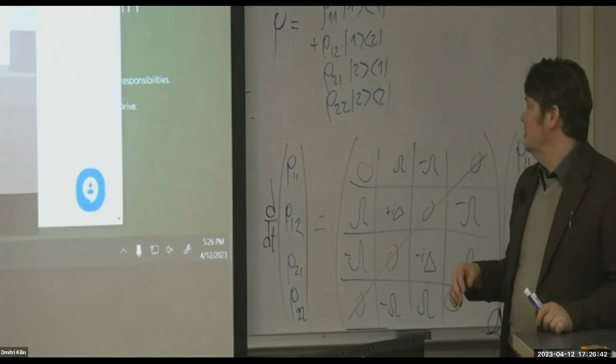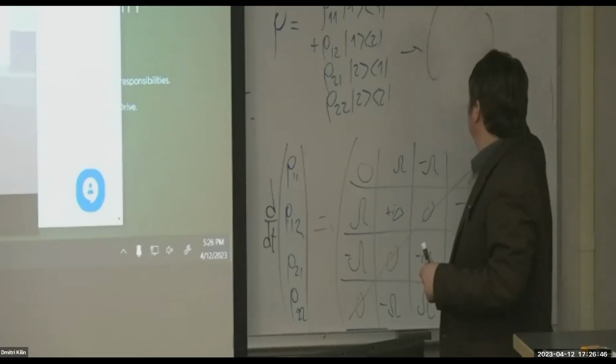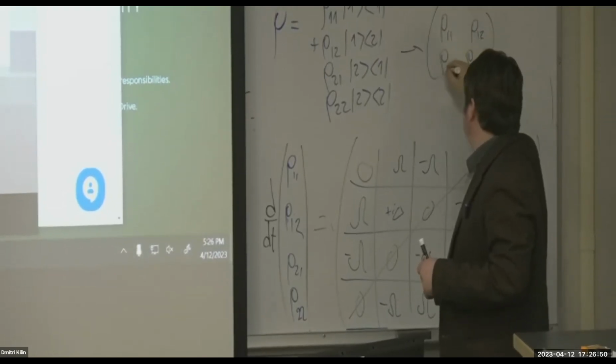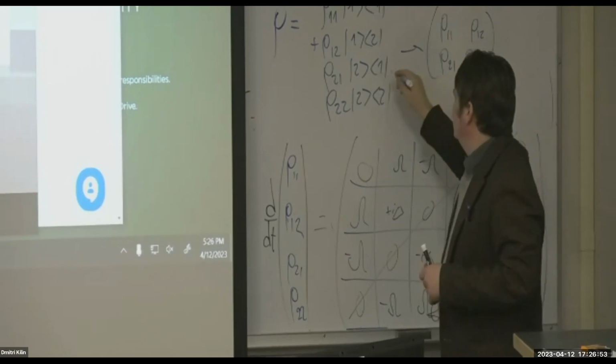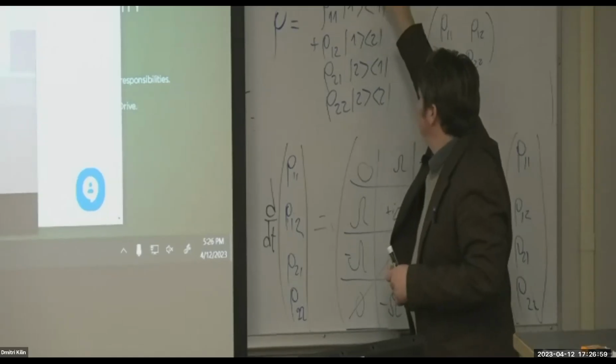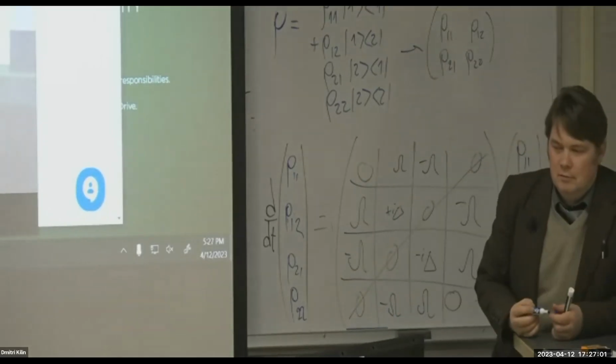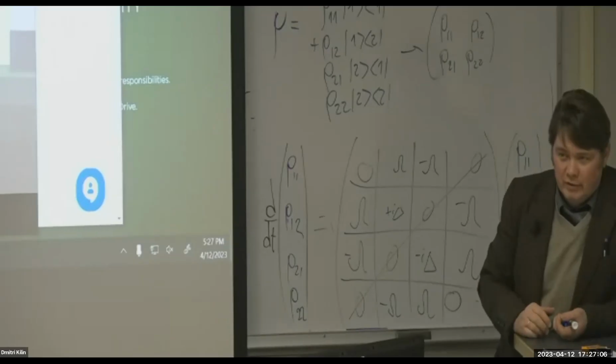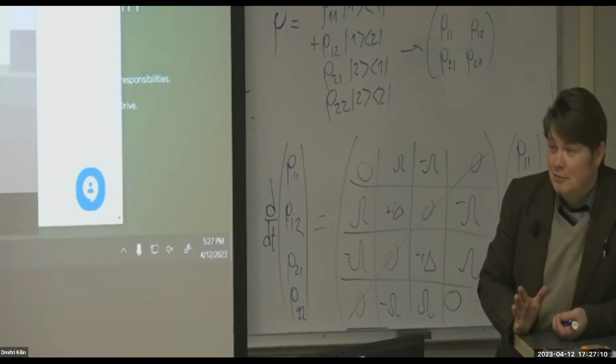But one can speak not about these elements, which are typically written in the form of a matrix. One can combine them with ket times bra, dyadic products of the basis vectors, and compose an operator, right? So no one objects.